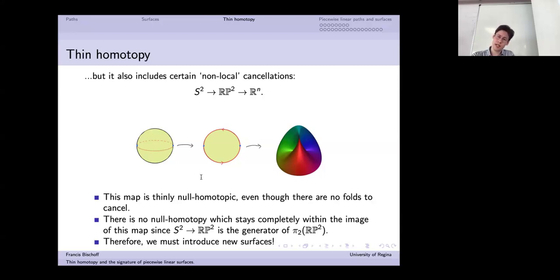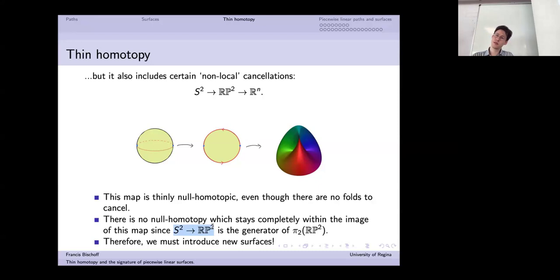No. I'm saying that the thin null homotopy cannot be contained within the image of the map. So if I have two paths that are thinly null homotopic, the homotopy lies within the union of the image of the starting path and the ending path. But this is not true for surfaces. Yeah. So you might have to introduce new surfaces that your homotopy might have to go into.